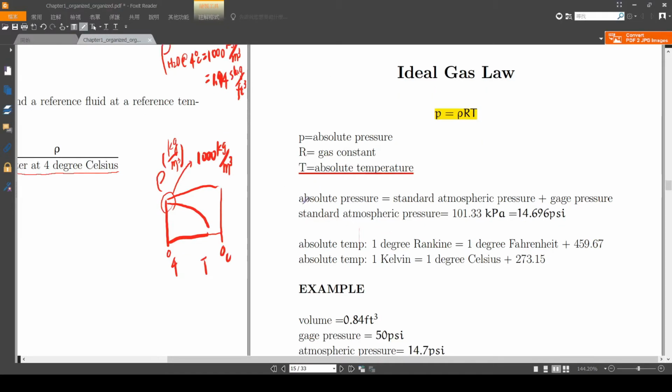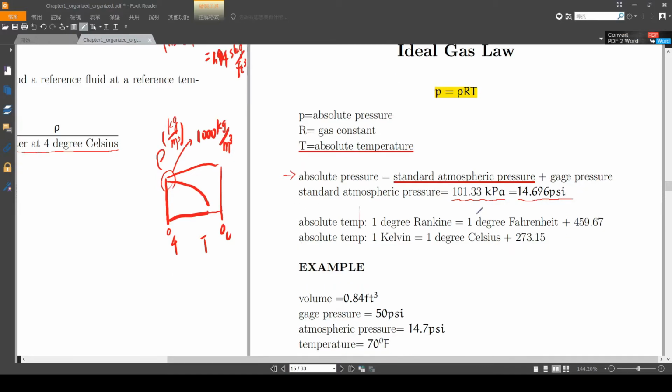And for absolute pressure, absolute pressure is equal to the standard atmospheric pressure plus the gauge pressure, and this standard atmospheric pressure is equal to 101.3 kilopascal, or in the BG system, 14.696 psi.